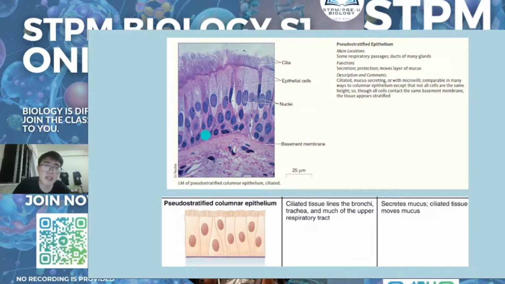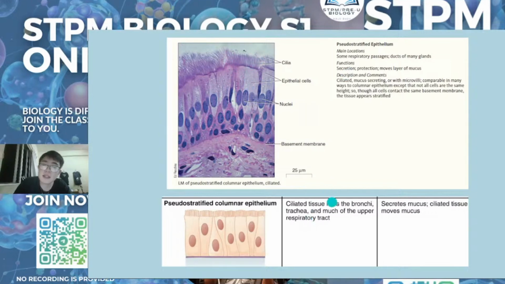It looks like there are one, two, three, four, maybe four layers. But actually, it only has one layer, because not all the cells reach the free surface. You see here, this cell only reaches here, then it is cut off, and then another cell is attached here. So it only has one layer. Actually, all of this is made up of one layer of cells.